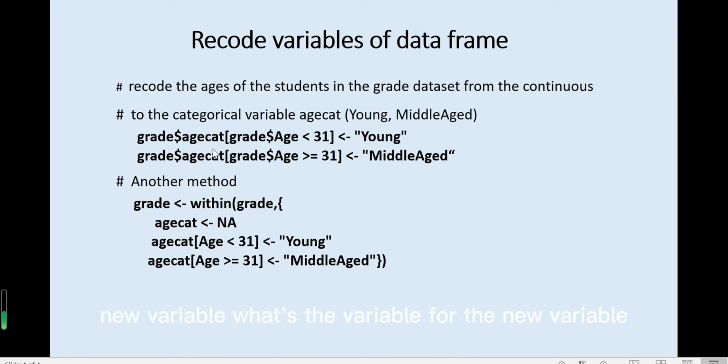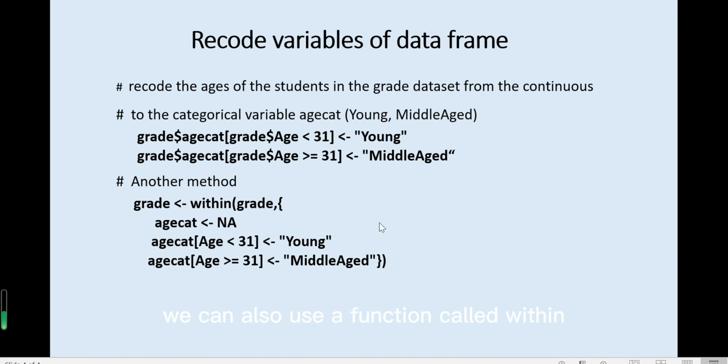What's the value for the new variable? Based on a condition: if the data frame's age variable is less than 31, then for this observation the new variable agecat has the value young. Similarly, for age larger than or equal to 31, the new variable agecat's value will be middle-aged.